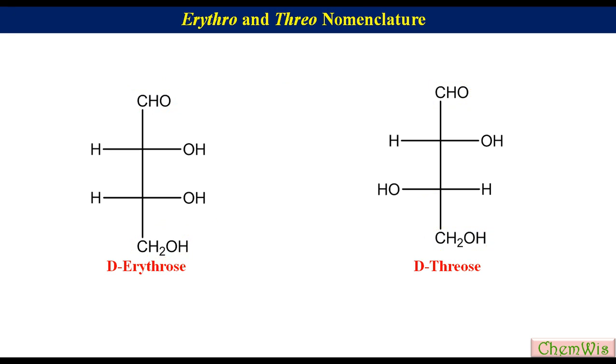In erythro, the two hydroxyl groups are on the same side and the two hydrogen atoms are on the same side too. In threo, the two hydroxyl groups are on opposite sides, as are the H atoms. If you have a system like RCXYCXZR', you can apply this nomenclature.